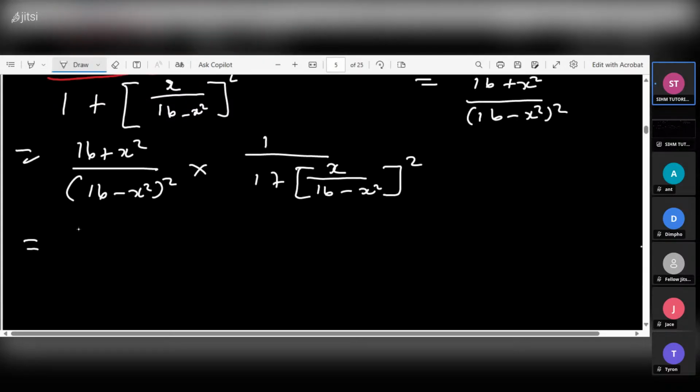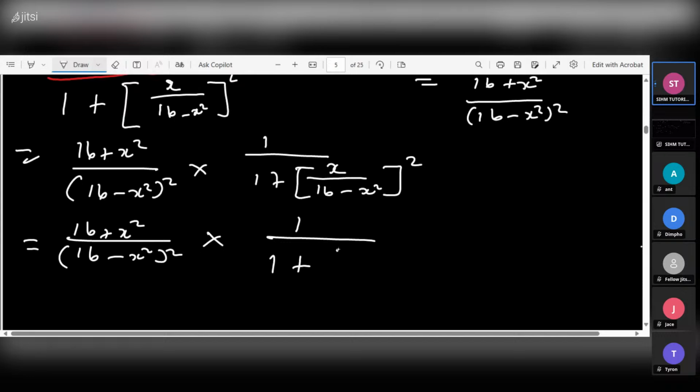So it's going to be (16 plus x squared) divided by (16 minus, sorry, supposed to be minus here, minus x squared), and then all squared. And then 1 divided by 1 plus x squared divided by (16 minus x squared), and then all squared. And you know this squared is from this and then that one.